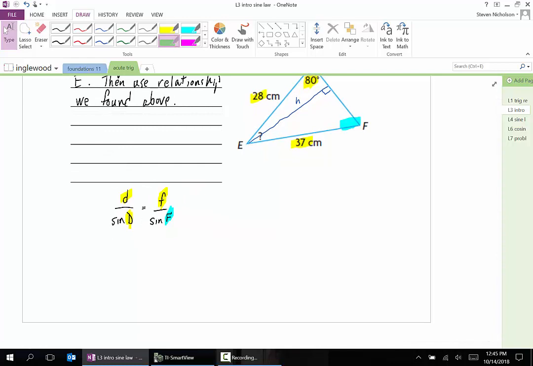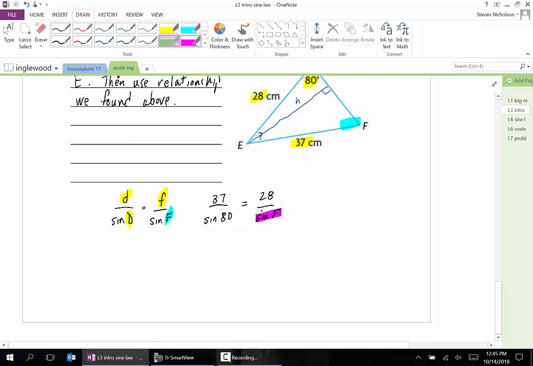So the next thing we're going to do is we're just going to plug in all this information. So when we plug it in, we're going to have little d is equal to 37 over the sine of big D, which is 80, and that's equal to little f, which is 28, over the sine of big F. And what we're going to do is we're going to do a little bit of algebra, and we're going to get sine of big F on top.